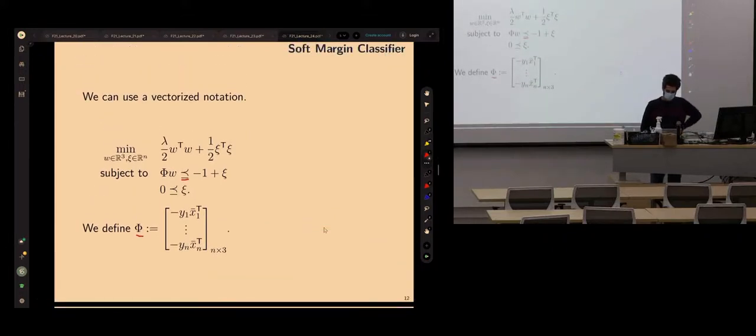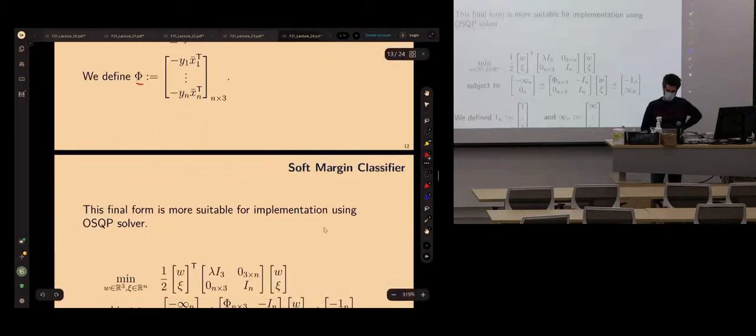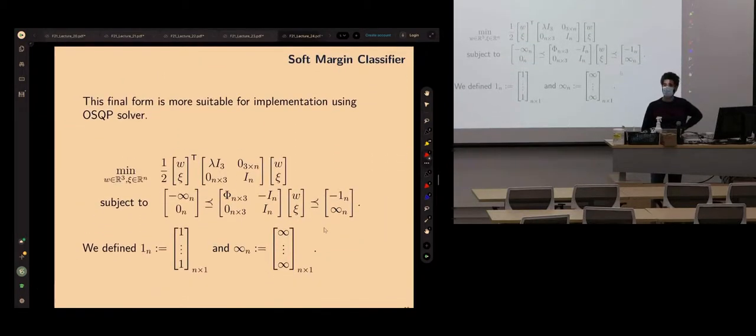Now we can do one more thing, because the solver actually wants it to have a lower bound and an upper bound. But when you have greater than 0, your upper bound is basically infinity. You do not have an upper bound. So what you see here, I am stacking 2 objective terms into a quadratic form. Stack W and C into one vector. It's going to be n plus 3 by 1.